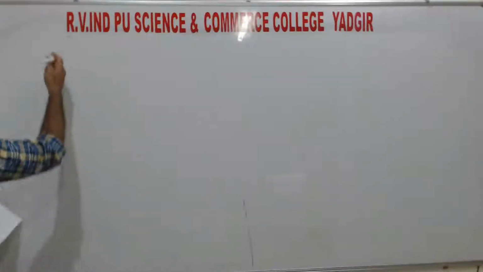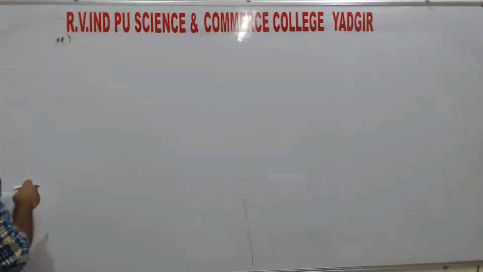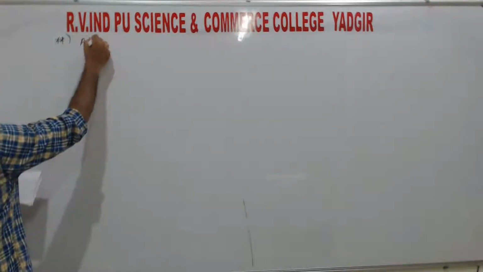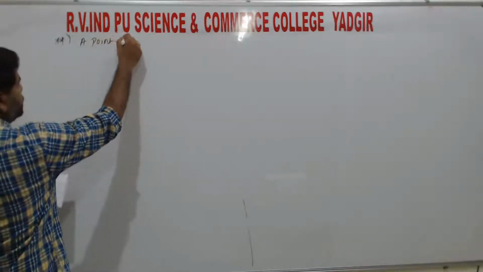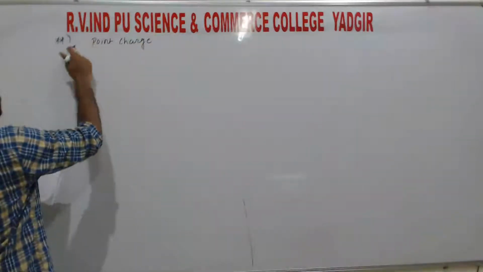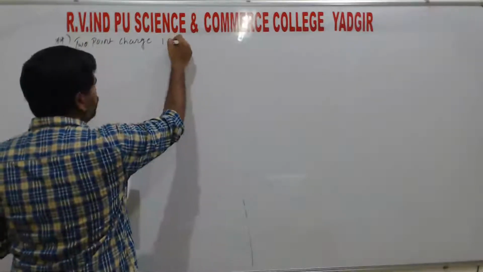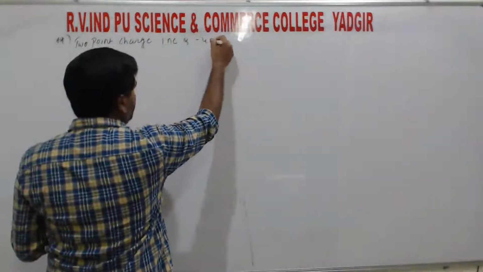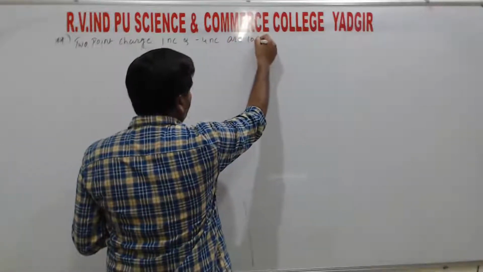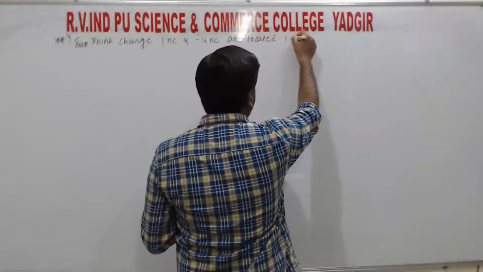Very important method. Two point charges, 1 nanocoulomb and -4 nanocoulomb, are located 1 meter apart.